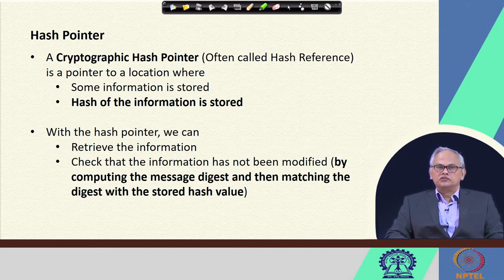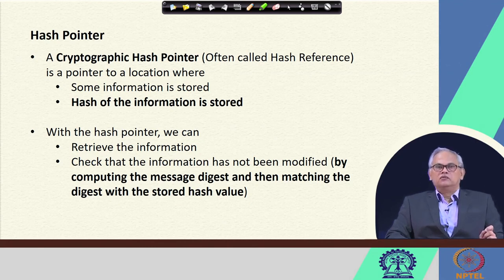So, today our first topic is what is called a hash pointer. A cryptographic hash pointer, often also called hash reference, and let us again call it hash pointer for simplicity, but by that we will be meaning cryptographic hash pointers. So, it is a pointer to a location where some information is stored.